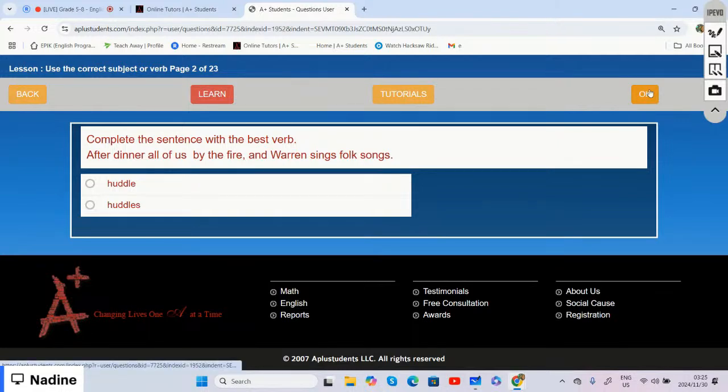All right. The next one says, after dinner, all of us huddle by the fire and Warren sings folk songs. Or do we say after dinner, all of us huddles by the fire and Warren sings folk songs?